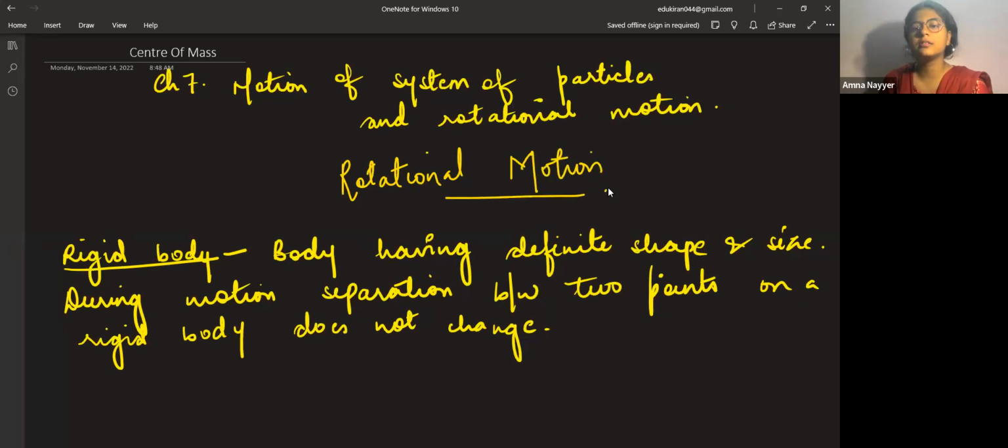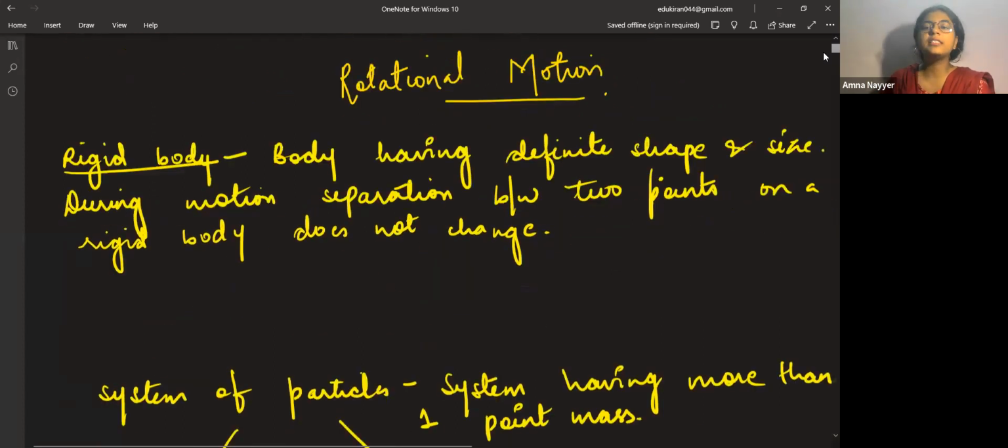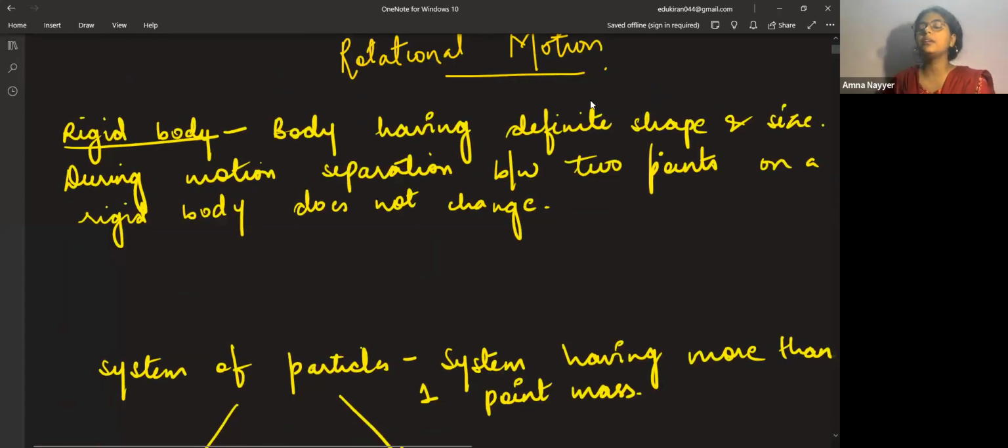motion. Now, first comes the concept of rigid body whenever we are discussing. And why is the name of the lesson motion of system of particles? Now see, the reason behind this is whenever we say rigid body, it means a body that is fixed. You cannot compress it and change its shape, even if you are applying compressive forces, shear forces. This you will study in mechanical properties of solids also.